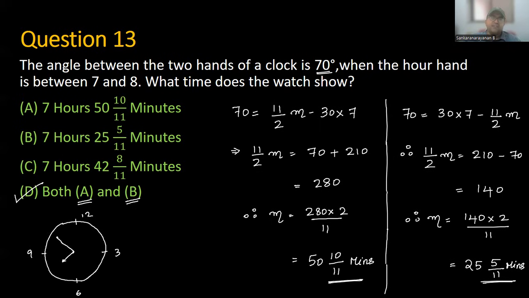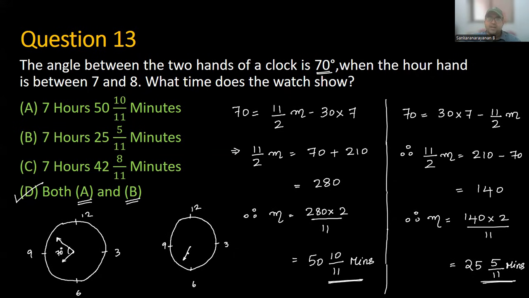We can see this angle of inclination corresponds to 70 degrees. Similarly, 7:25, if I am considering, this is the dial, 6, 9, this is 12, and this is 3. And I can consider that here, 7:25, right?